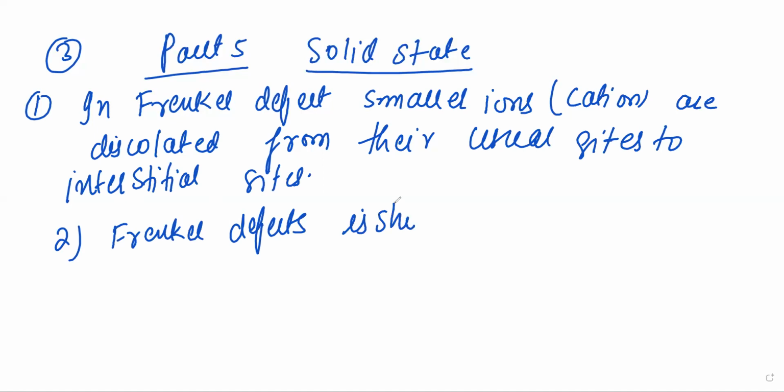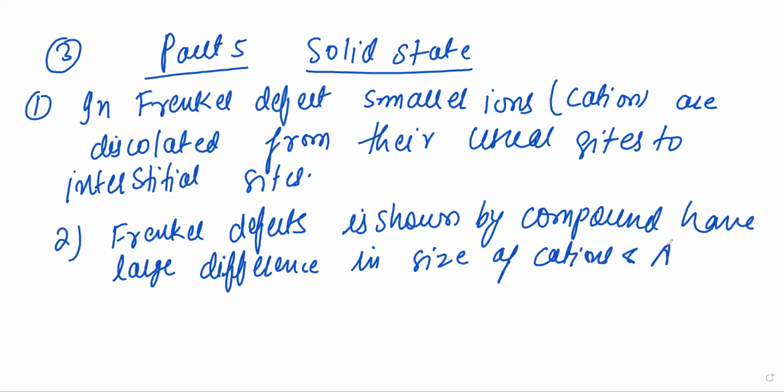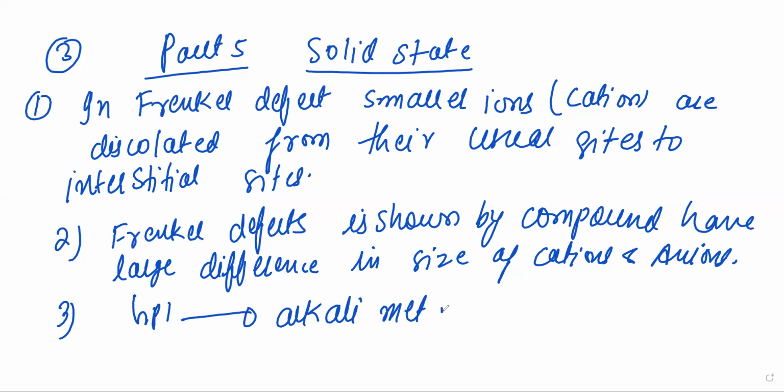Hence, alkali metal halides do not show Frenkel defects. Alkali means group 1, the alkali metals, connected with X, where X means halides.